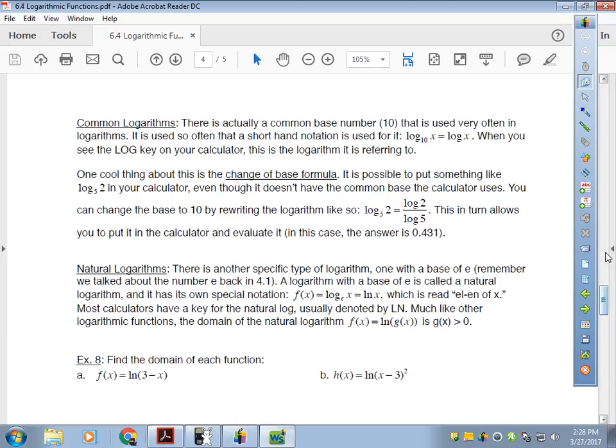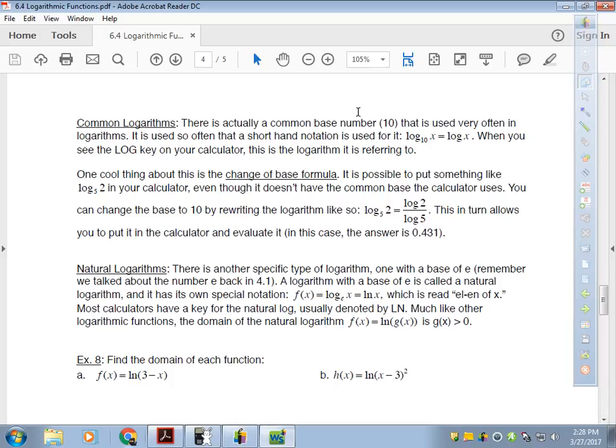Alright, so now we're going to talk a little bit about 2 special types of logs, one of which we've mentioned already, and one that we haven't. The first one is called a common log. A common log is a logarithm that has a base number of 10.